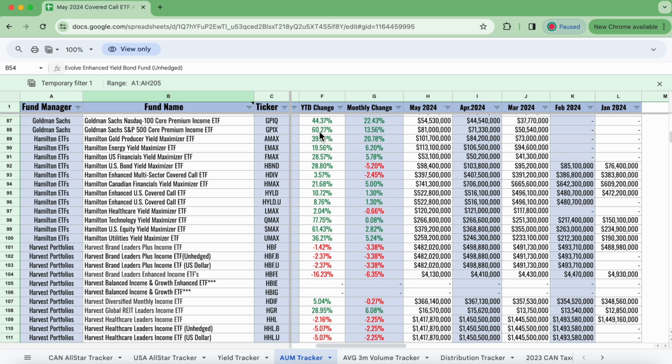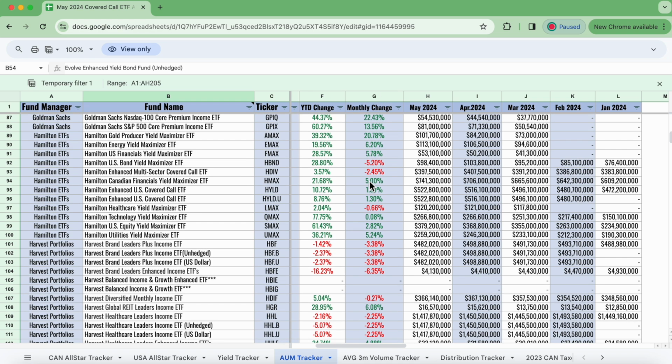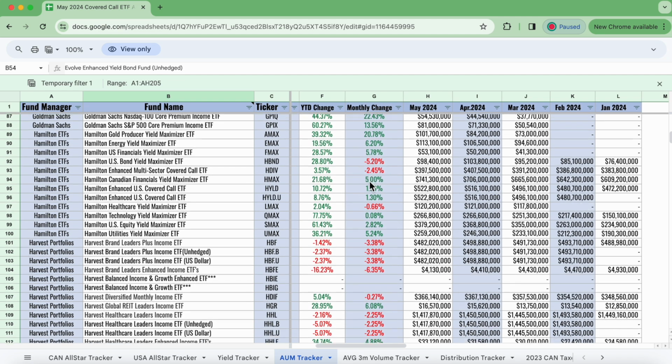They own their underlying assets, just plain Jane covered call ETFs with plain strategies. I actually like that. With the simpler strategy, I just think there's less room for a fund manager to do some funky stuff with the funds when the strategies are fairly simple. So good to see that from Goldman Sachs, a couple of newer funds.